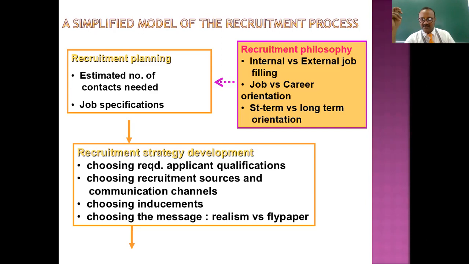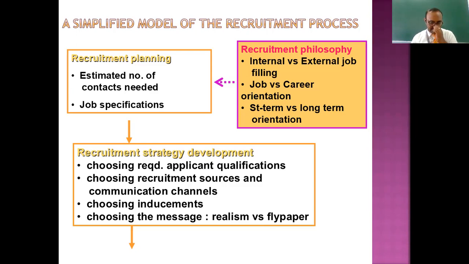From which source are we going to get the right candidate? So whatever is written in the job specification, we need to identify where do we get, which source are we going to get, right? So which source do we get? And then we also need to get enough number of candidates from these sources, right?